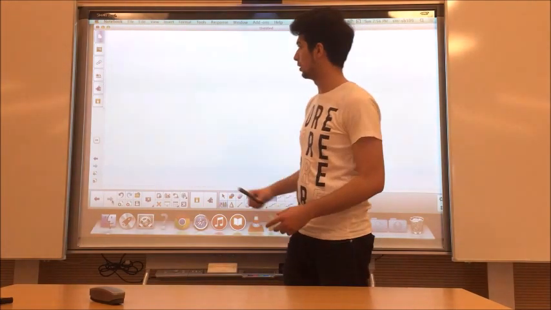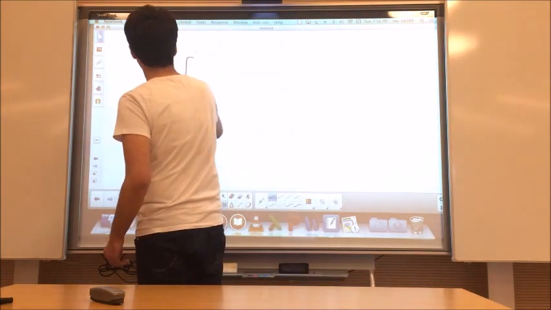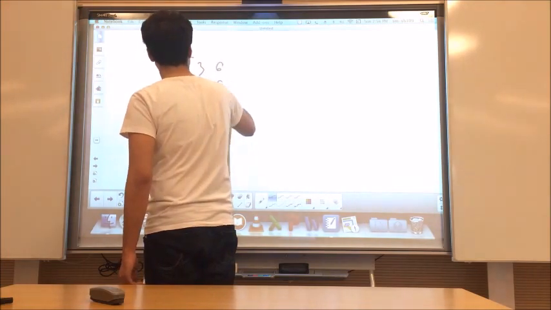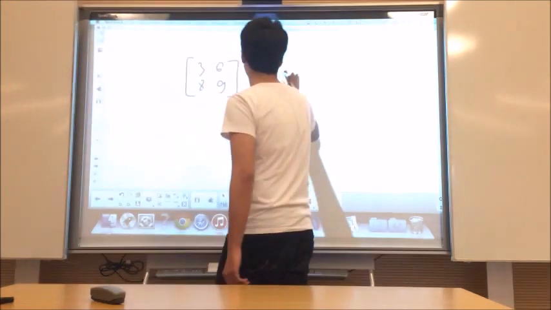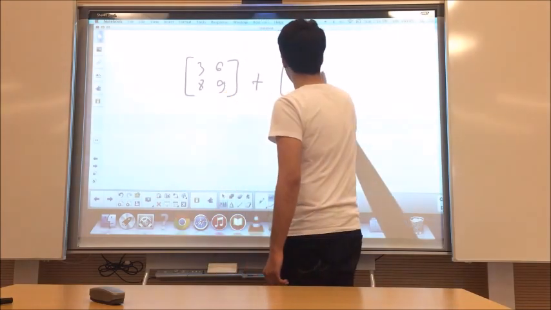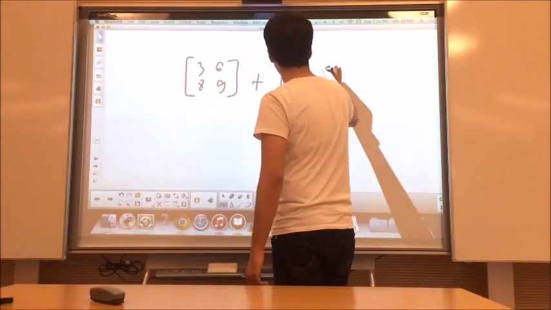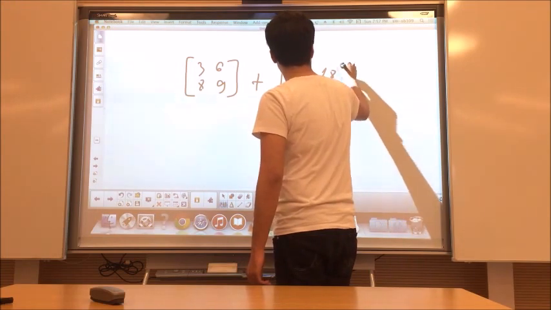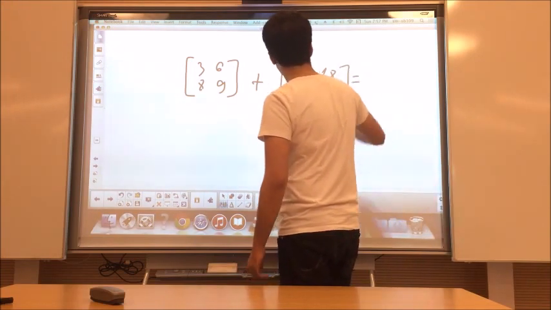For example, simple variants 3, 8, 6, 9 plus 10, 13, 18, 17 is equal to.